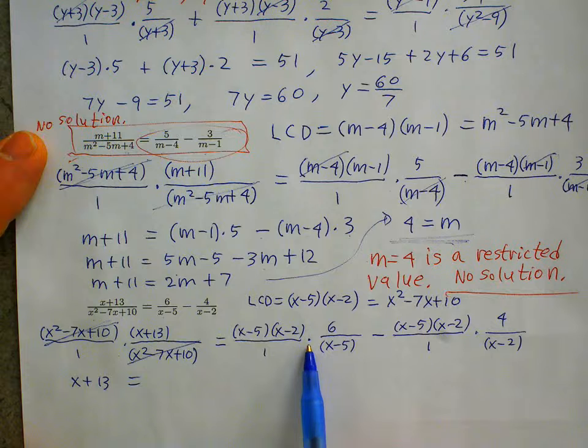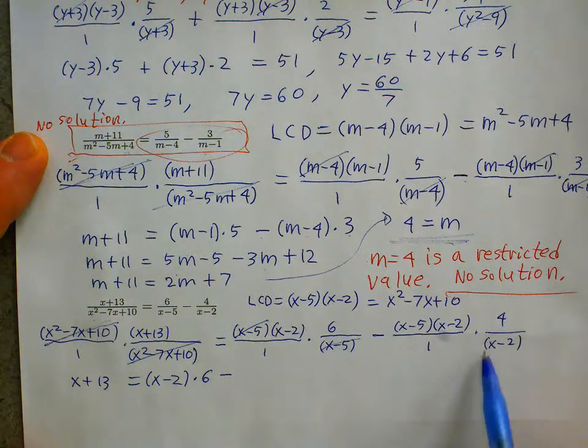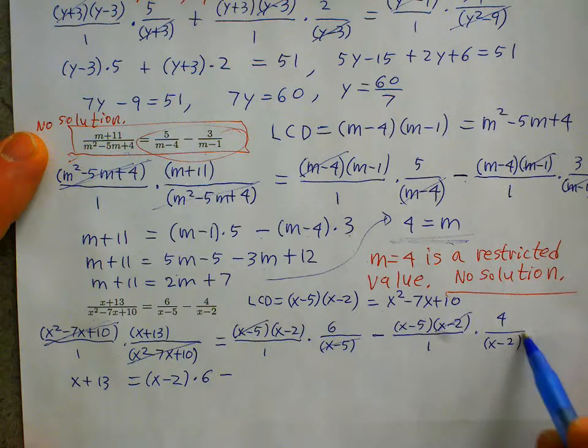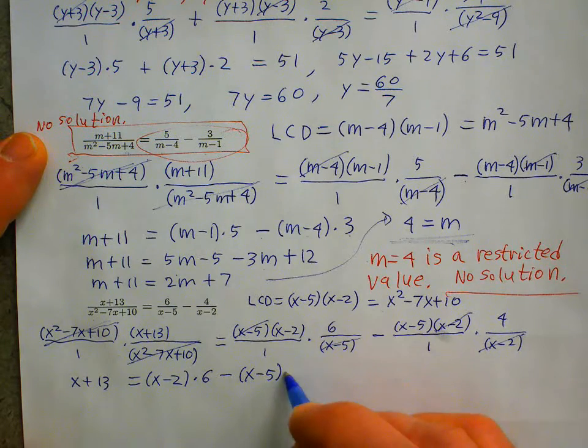In this first product on the right-hand side, x minus 5 divided by x minus 5 equals 1, and we're left with x minus 2 times 6. Then we're subtracting this product. We have a cancellation, x minus 2 divided by x minus 2, and so we have minus x minus 5 times 4.